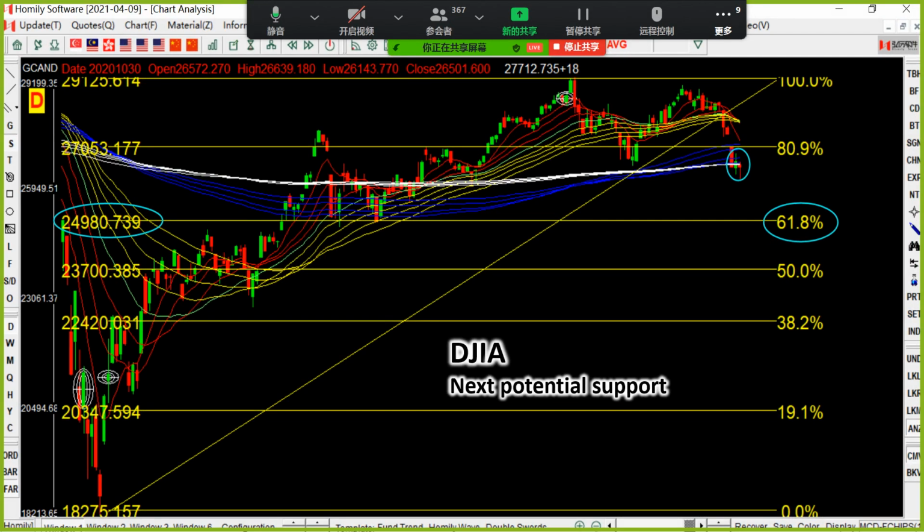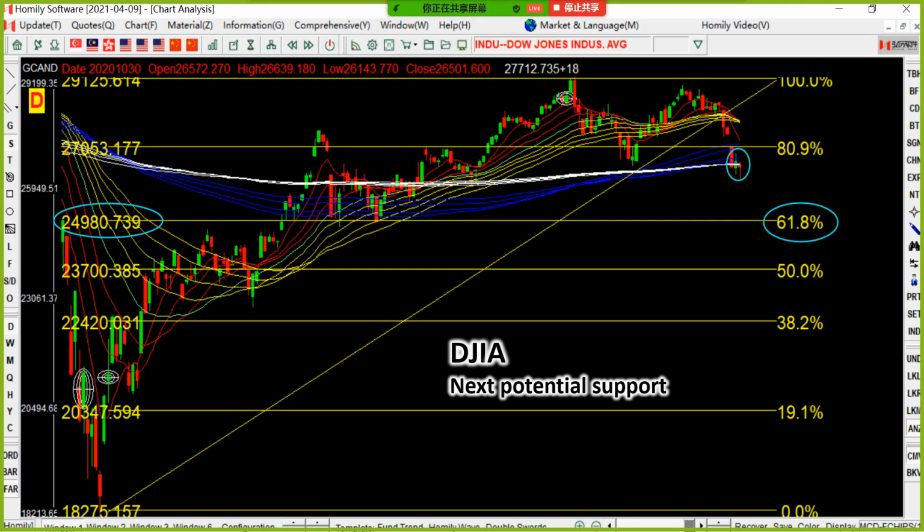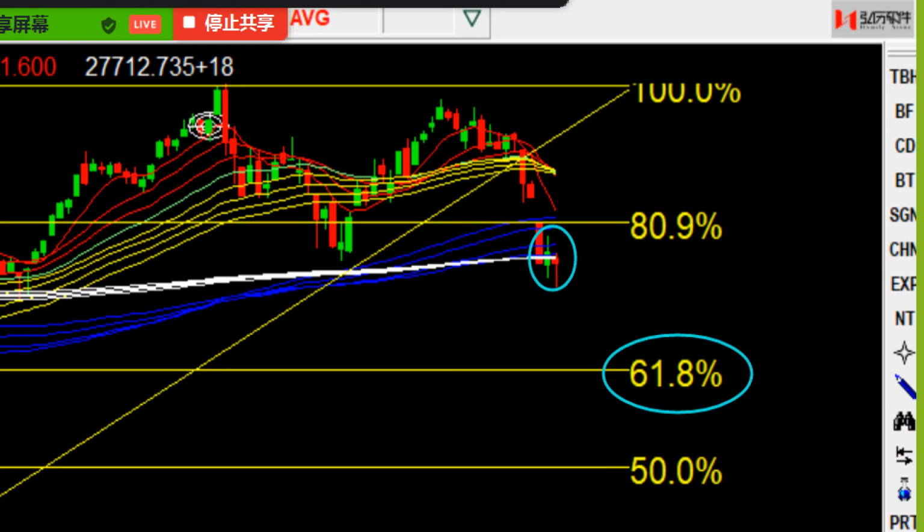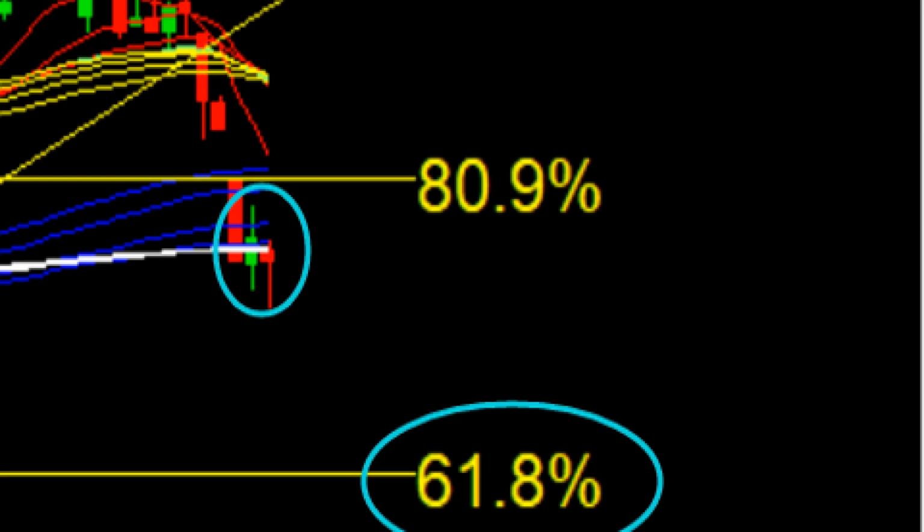And the Dow Jones Industrial Average has already touched the strong support of our Homely rainbow, the white line. According to the knowledge we learned before, the white color represents the long-term support. I'm sure you can see a long lower shadow in Friday's candlestick.